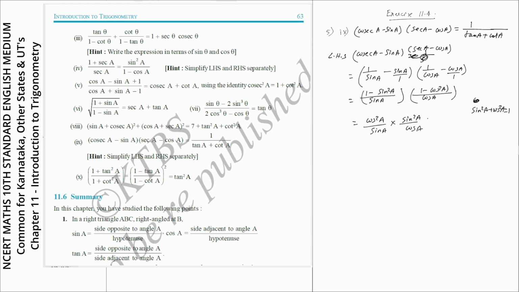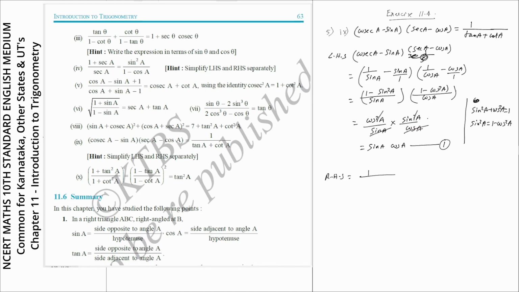Therefore sin square A is equal to 1 minus cos square A. Similarly 1 minus cos square A is equal to sin square A. So now here this square will get cancelled with cos A, and here the square will get cancelled with sin A. I am left with sin A cos A. This I'll mark as 1 and I'll take the right hand side separately now.